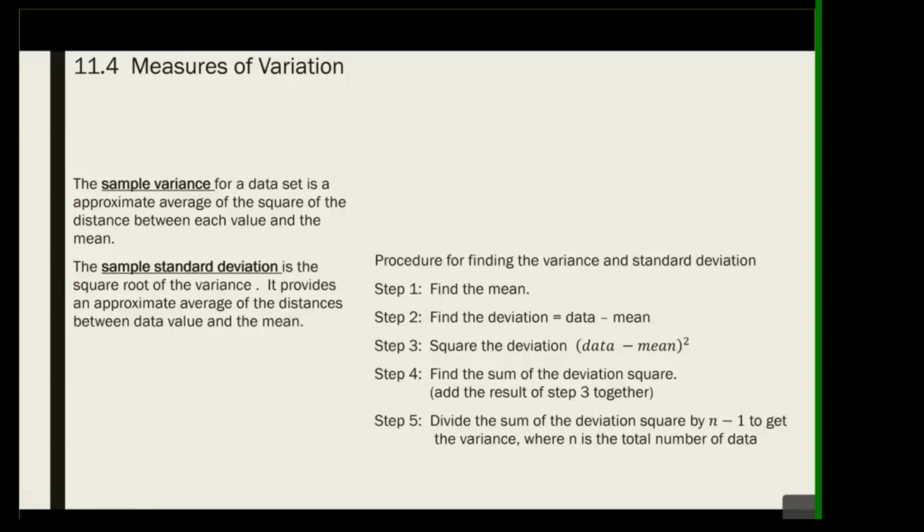To finish this, step 6, we have to take the square root of the variance, which is the result of step 5. If we take the square root, that will give you your standard deviation. So step 5 is your variance, and step 6 is your standard deviation.